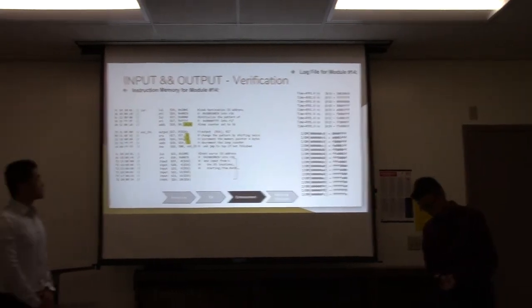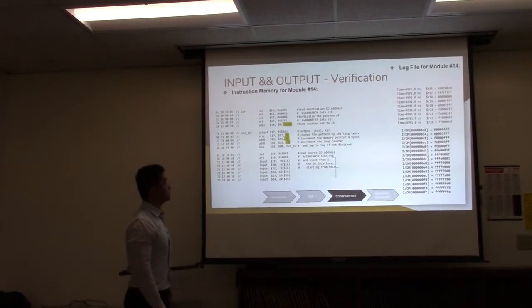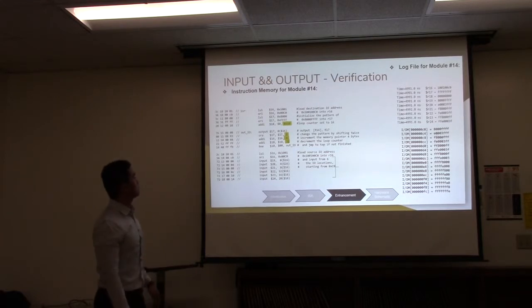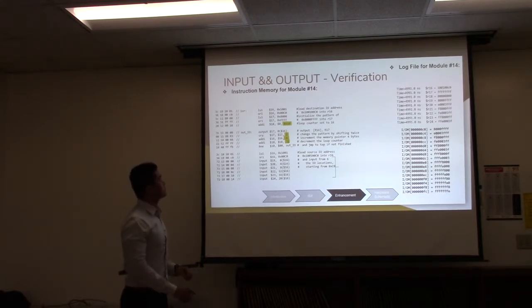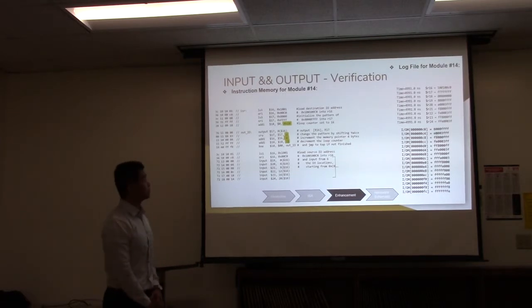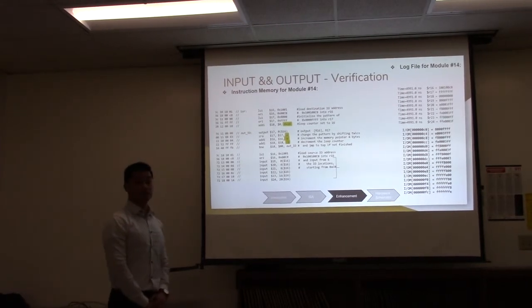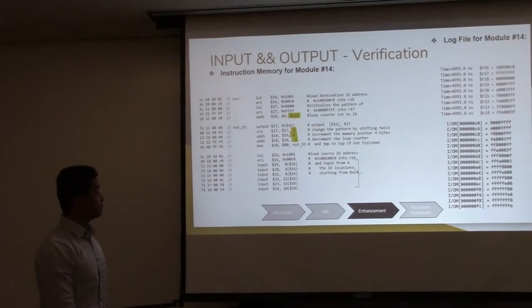So in the verification, we use the instruction memory module 14 to verify this. In the interrupt service routine, it's just to initialize R16 as the base register, R17 with the content to be shifted and output, and register 18 as the loop counter to keep track.